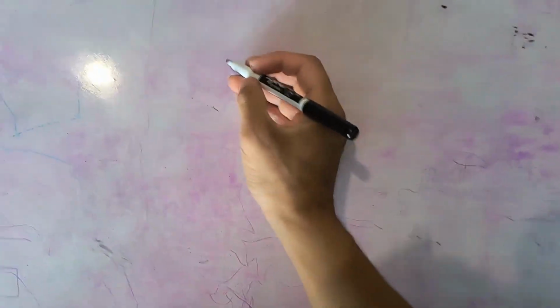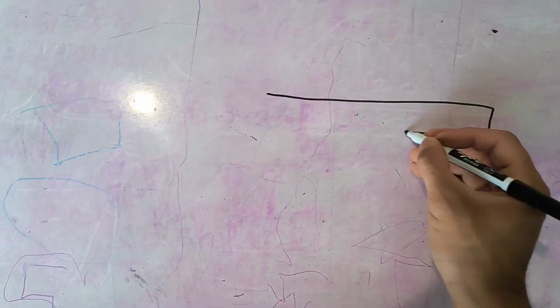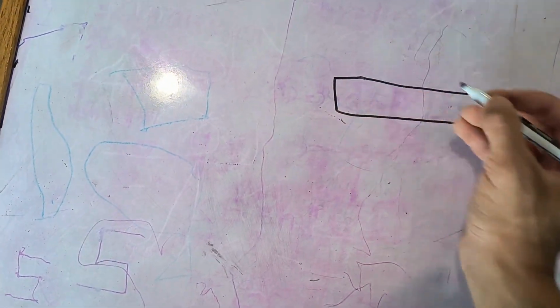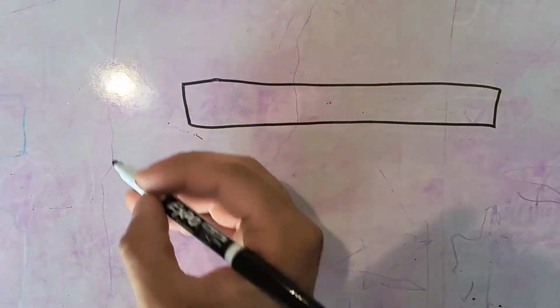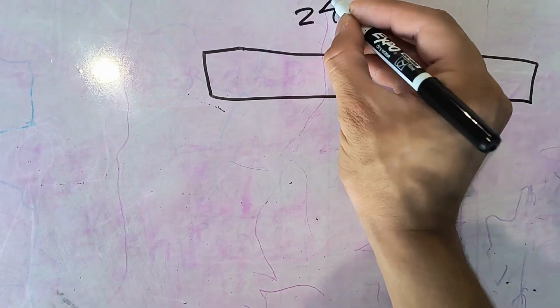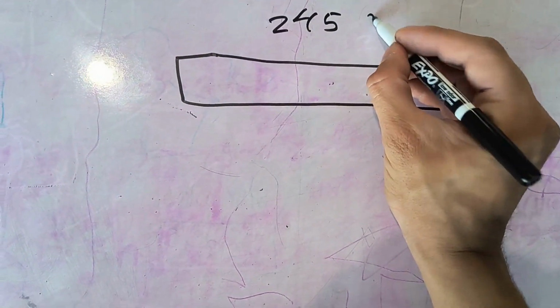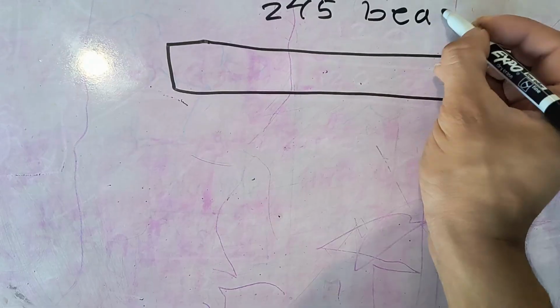Let's say Jack has 245 Kodiak bears. So he has 245 Kodiak bears. This whole bar is going to be equal to 245 Kodiak bears. I'll just write bears for short.